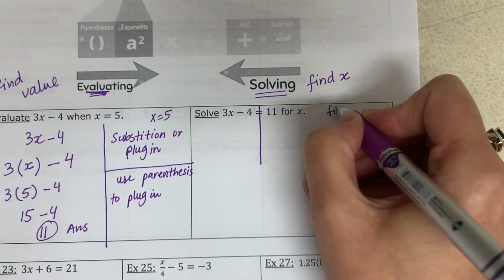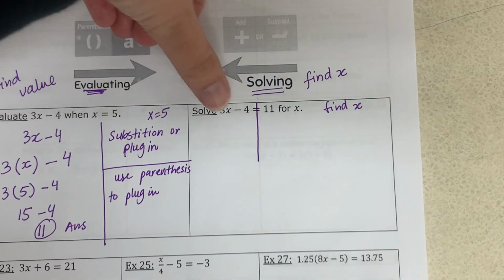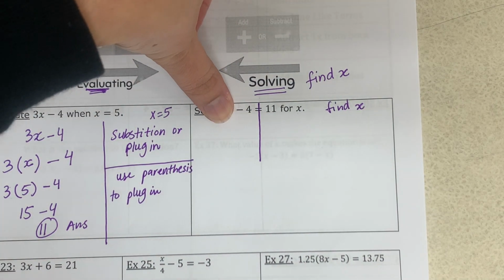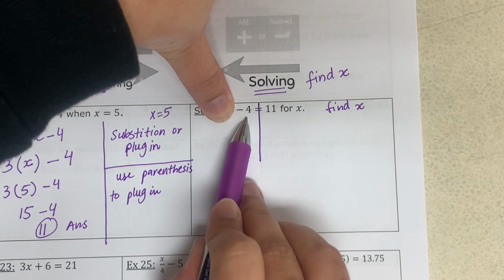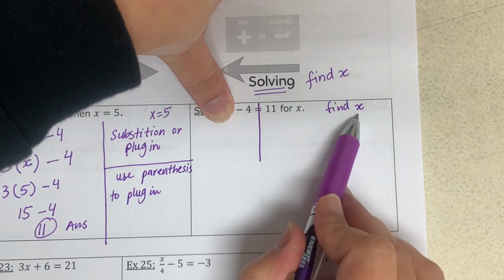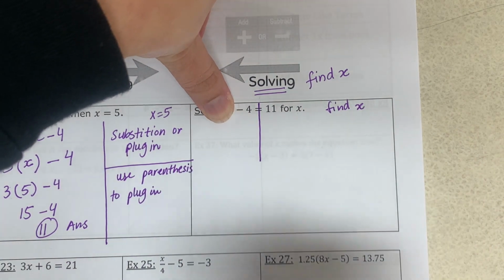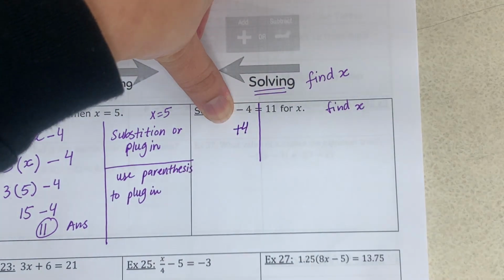That means find x. So if I have to find the x, first step is hide the x so you can see what you have. You have a minus 4. Again, remember, we do the opposite operation when we are finding something. Opposite of minus 4 is plus 4.